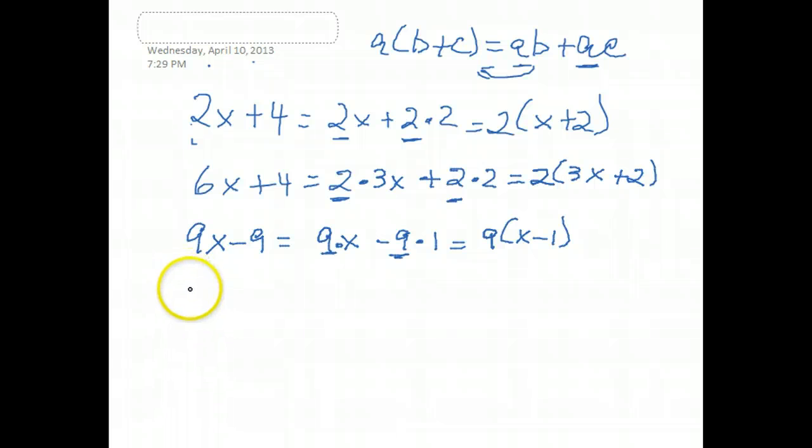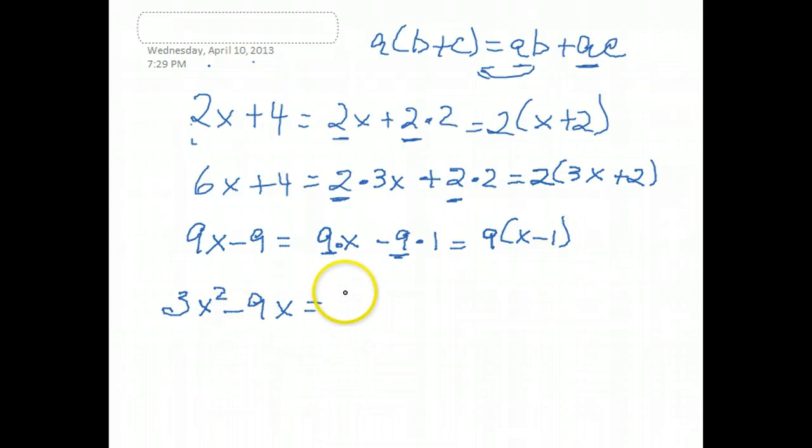Let's look at one that's got some exponents in it. It's a little bit more complex. So I'm going to write 3x squared minus 9x. And now, what is my common factor of the two groups? Well, 3 goes into 3, 3 goes into 9, x goes into x squared, and x goes into 9x.